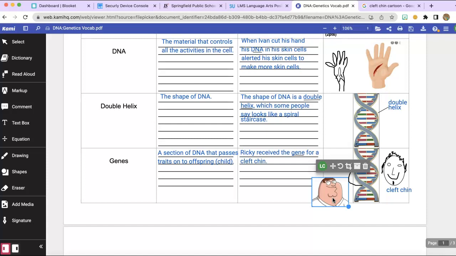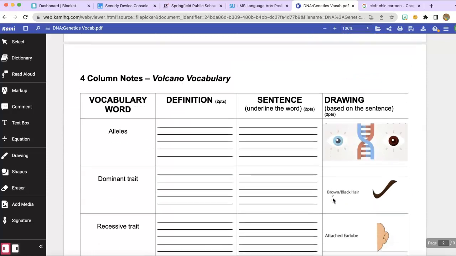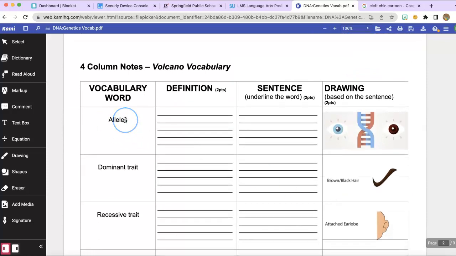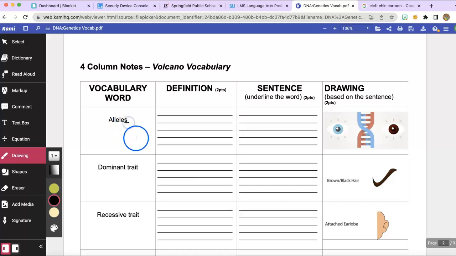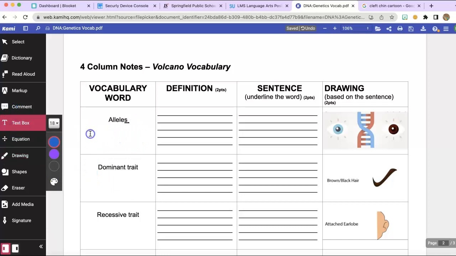So, our next word on the next page is a funny word. It is called alleles. And I want to do some note taking with this word real quick. Grab your pencil, underline the S on here, okay? And I want you to make a note right here.